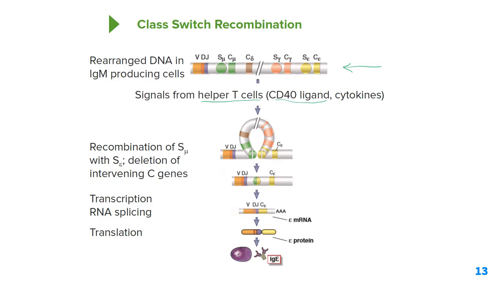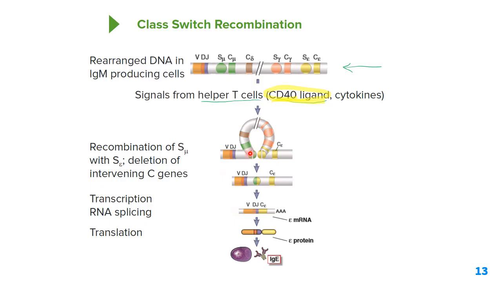So what happens here is that when you get CD40 activation, the cell can shift the expression from the mu constant region to some other constant regions, like gamma, epsilon, or alpha, which is missing over here. And you see here the switch is going to go from mu to one of those constant regions.